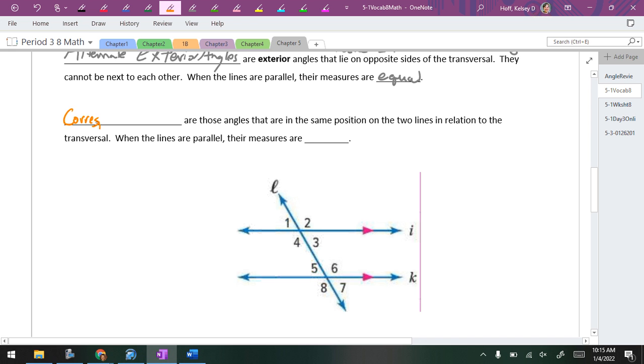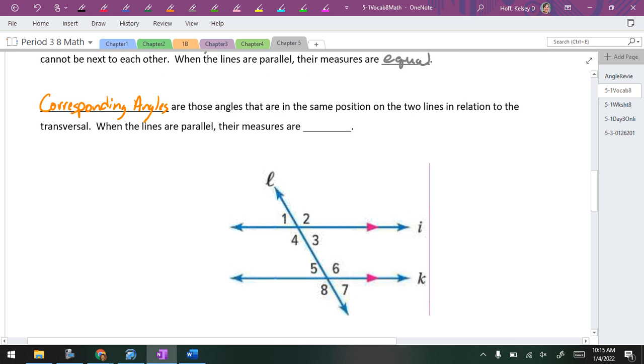All right, our third type of angle. Corresponding angles. Also, make sure you're spelling angles and not angels. It's an often misspell. Corresponding angles. Corresponding are angles that are in the same position on the two lines in relation to the transversal.